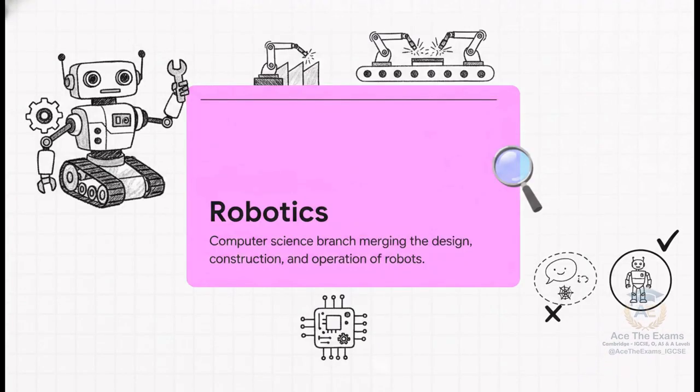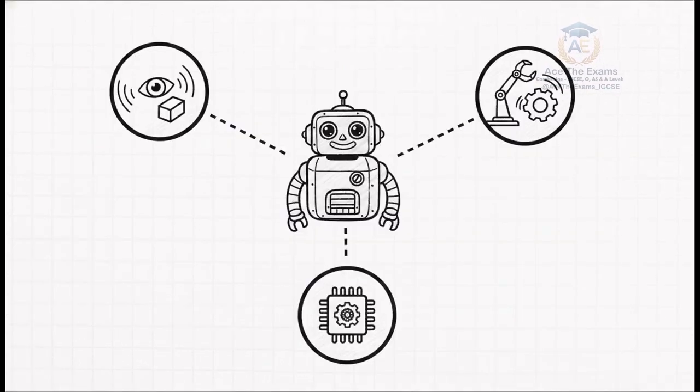Robotics is a branch of computer science that brings together the design, construction, and operation of robots. And it turns out those chatbots and web crawlers, even though we call them software bots, actually don't make the cut. Why? Because true robotics requires very specific physical criteria that a piece of code just doesn't have. To be a true physical robot, the machine absolutely must meet these 3 criteria.